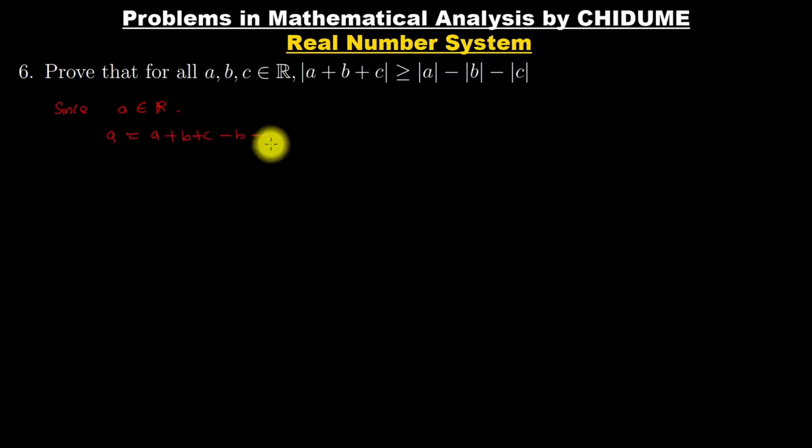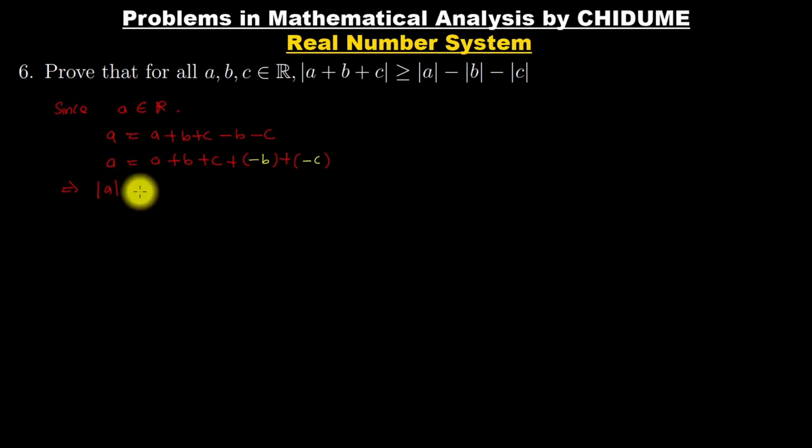I think you can all agree with me that I can write a as a plus b plus c plus negative b plus negative c. So what if I take the absolute value of both sides?